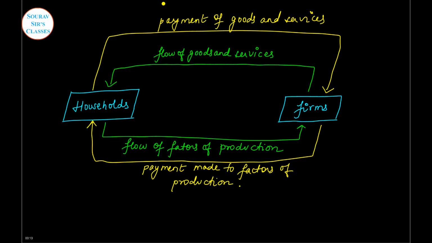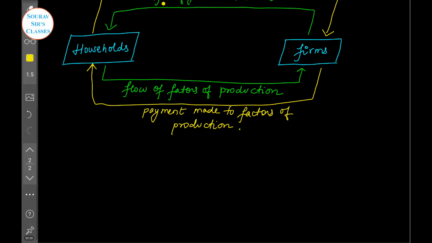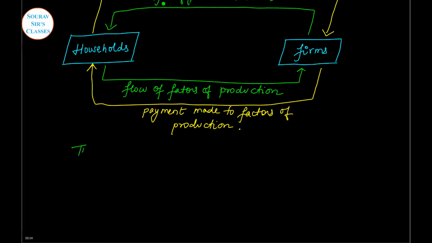Now, two things to be noticed here is that first, the inner arrows, or the flows with green line indicate real flows.